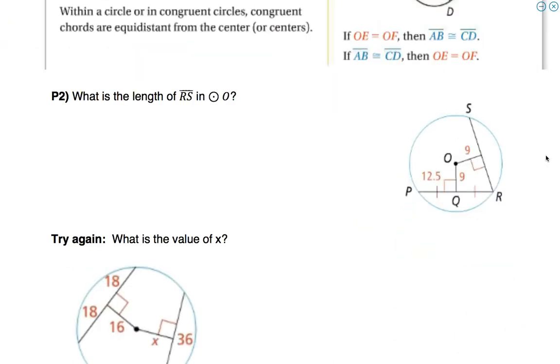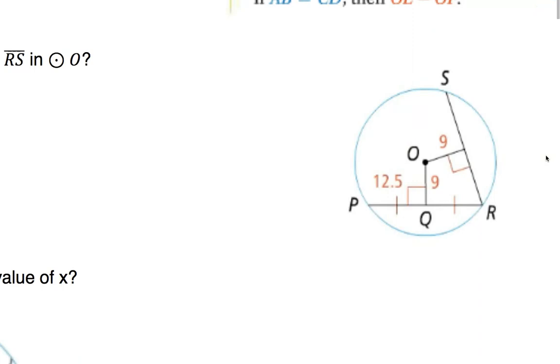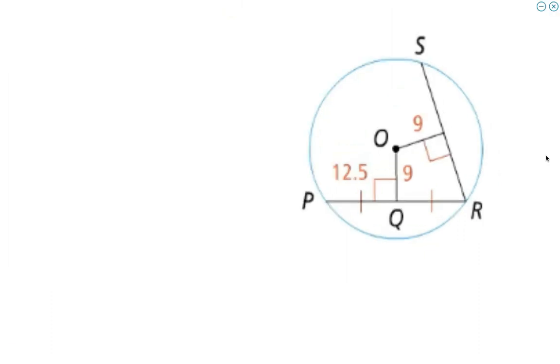So what is the length of RS in circle O? What we know is since we have OQ and this segment over here, which we actually don't have a letter for, since they are the same distance away, we know that the chords are going to be congruent.